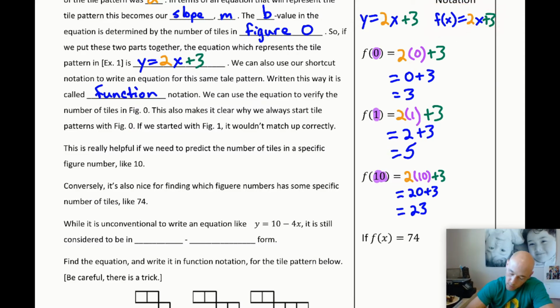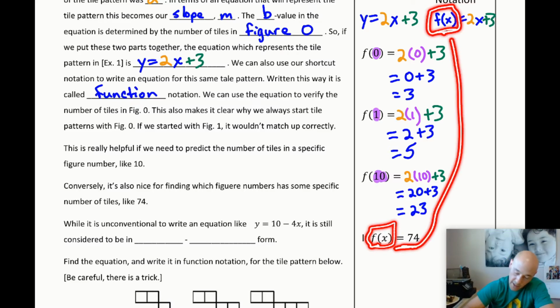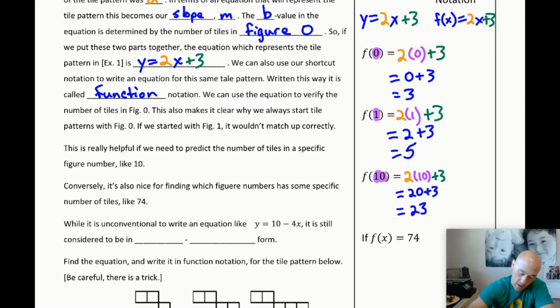Well, what we're doing is we're saying, hey, I know that f of x, right there, equals 74. So we're going to take the 74, we're going to put it right there. So we'll have 74 is equal to the 2x plus 3.